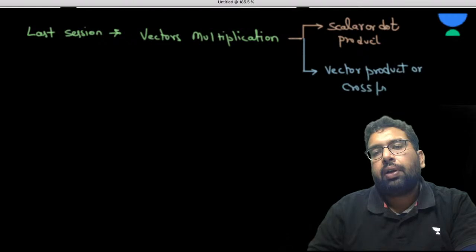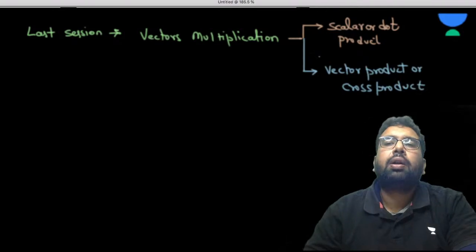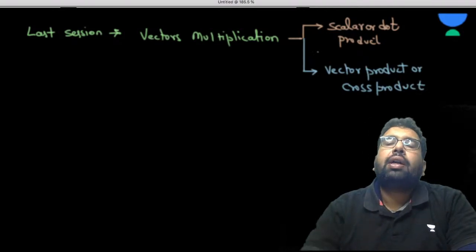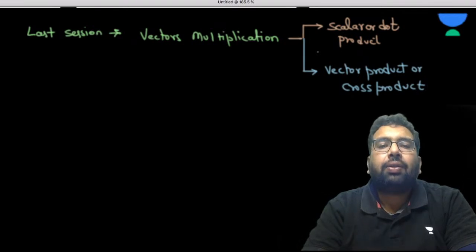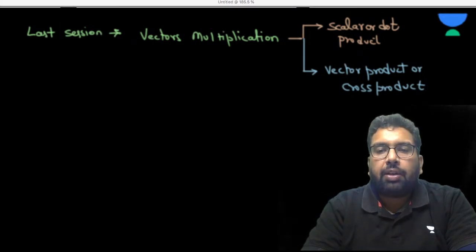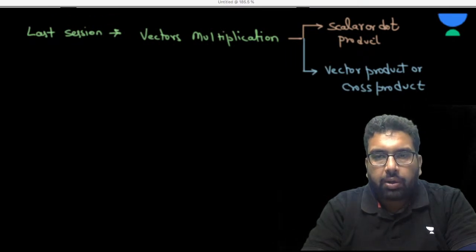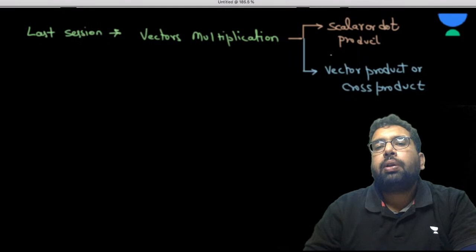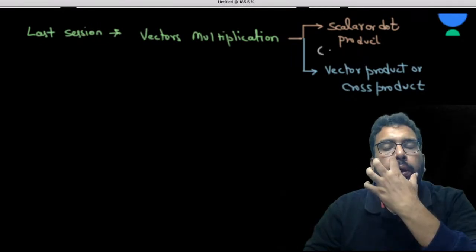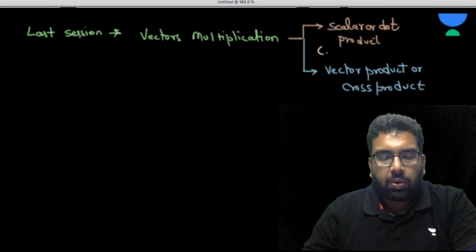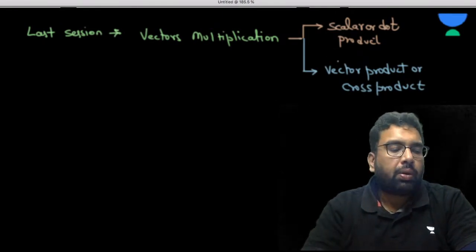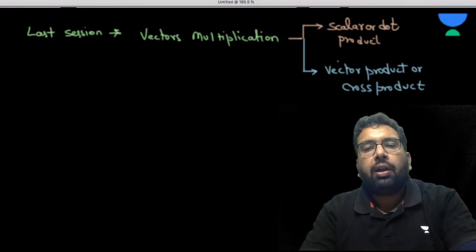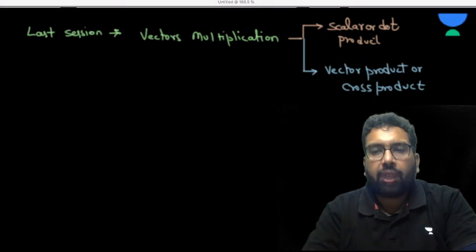So in the case of vector product or cross product, and scalar product or dot product, what is the basic difference, and why is it called the scalar product? See, the end result of the multiplication is different. In the scalar product, the final solution will be a scalar quantity, and when we do the vector product or cross product, the final solution will be a vector quantity.